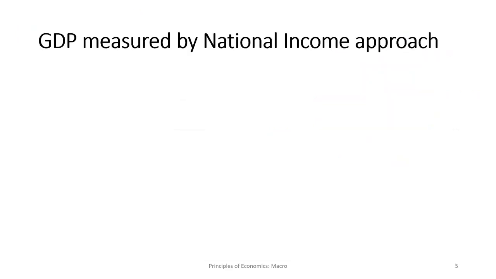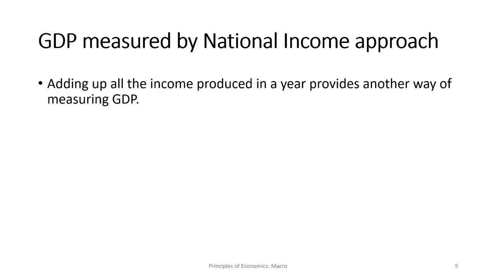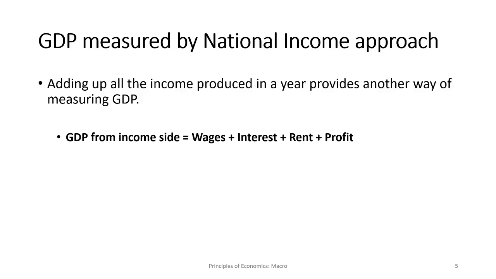The third way to measure GDP is the income approach. Whenever you are buying for consumption, you have to pay for it, right? And think about where the money for payment comes from. It comes through your income. So another way to measure GDP is just to add up incomes.